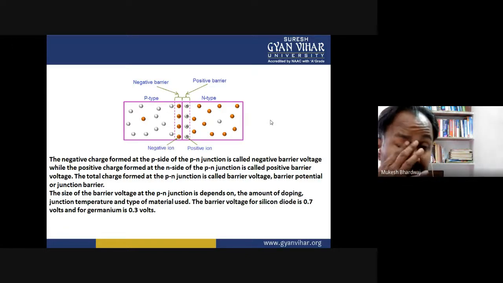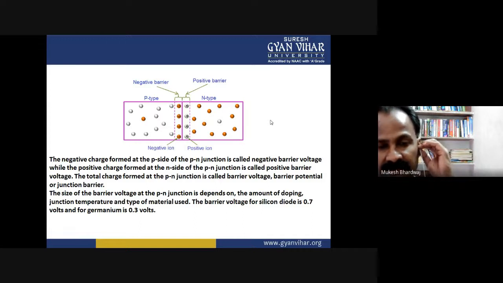Why is this a barrier? In the same way that we use the word in daily life, a barrier is an obstacle. So similar to that, here is the same meaning of barrier and barrier voltage.